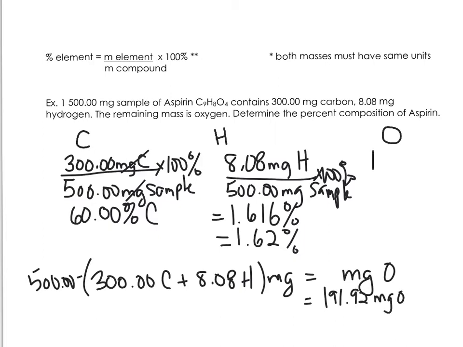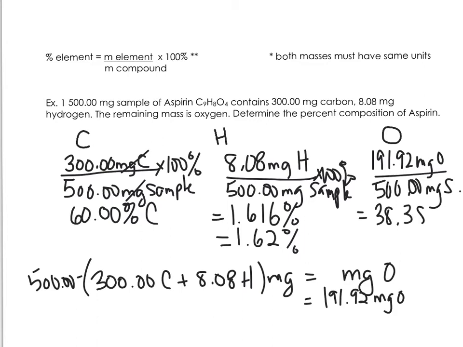So 191.92 milligrams of oxygen per 500 milligrams of sample equals 38.38%. That is oxygen.